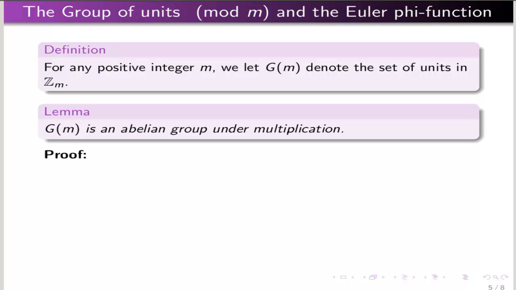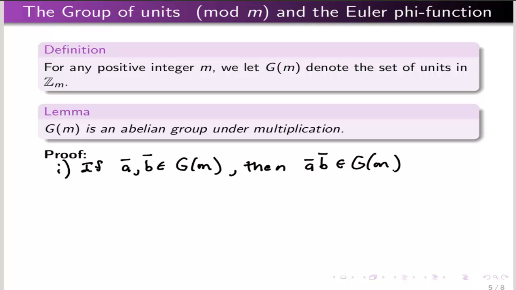Let's review that concept again. To show something's a group, it has to be closed under multiplication. So if A bar and B bar are elements of the group of units, then the product A bar B bar is a unit.